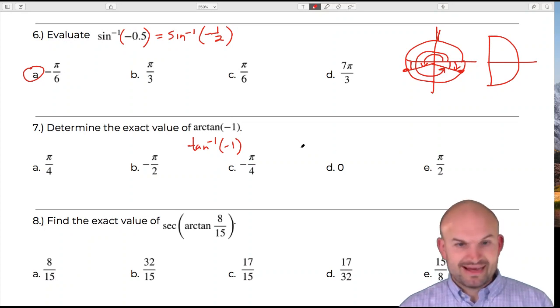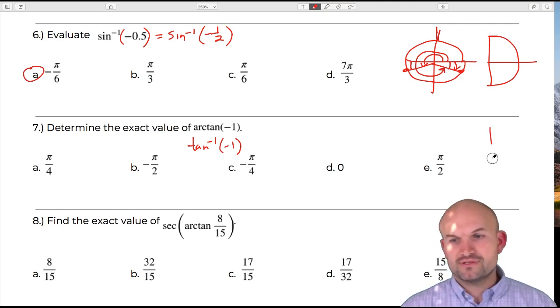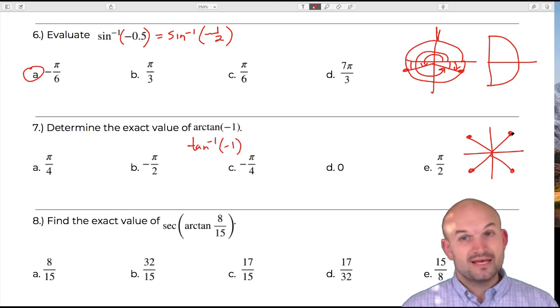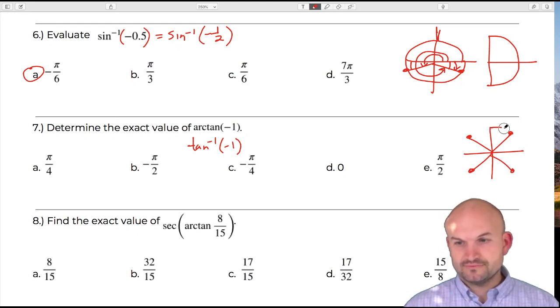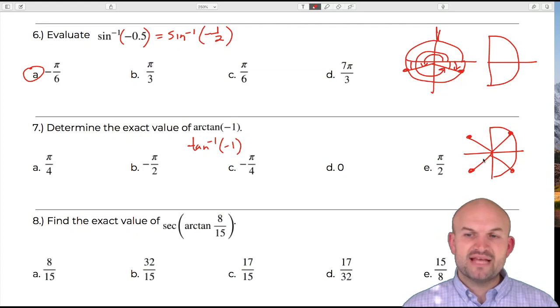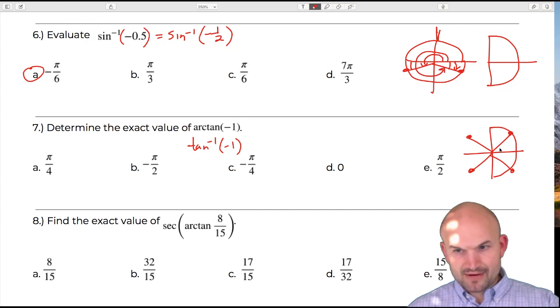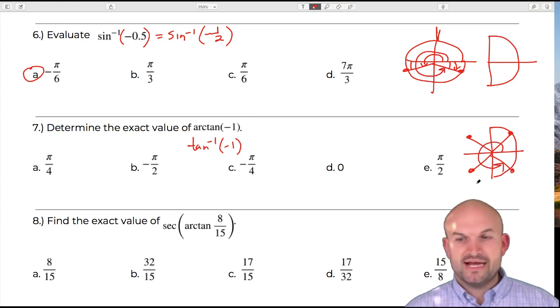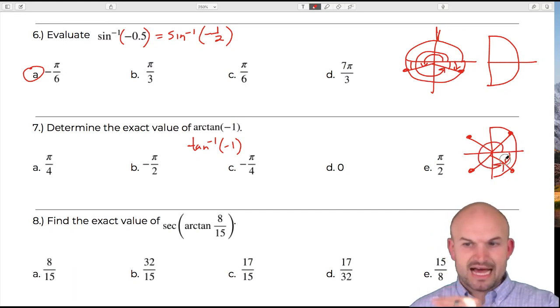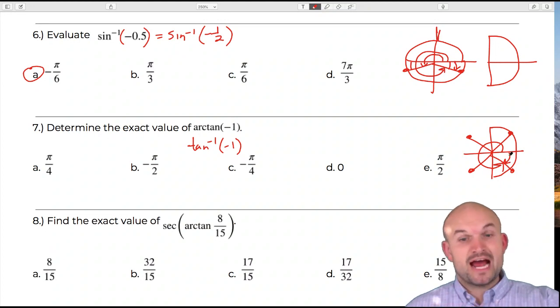The only time it's going to be 1 in absolute value is when you have the same coordinates, x and y, which only occurs on our fourths: pi over 4, 3 pi over 4, 5 pi over 4, and 7 pi over 4. But again, the restrictions of tangent are between negative pi/2 and pi/2. Obviously, if tangent is negative, it has to be down here, but we can't use this angle. So we have to use the angle that is pi over 4 away but in the opposite direction. So that answer is C.